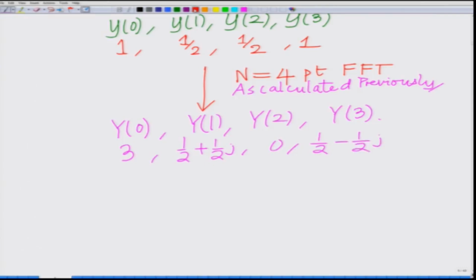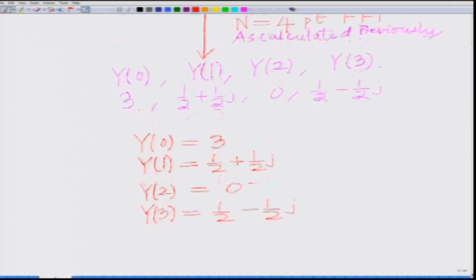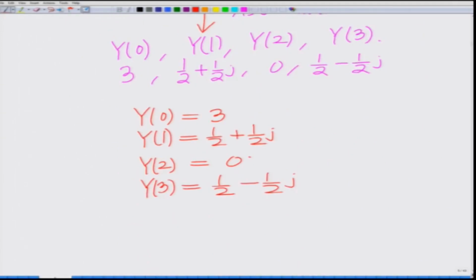Just to be a little bit more explicit, capital Y0 equals 3, capital Y1, the output sample across the first FFT point, is half plus half j, Y2 equals 0, Y3 equals half minus half j. These are the output samples across the various FFT points or subcarriers. These are in the frequency domain, that is important to remember.